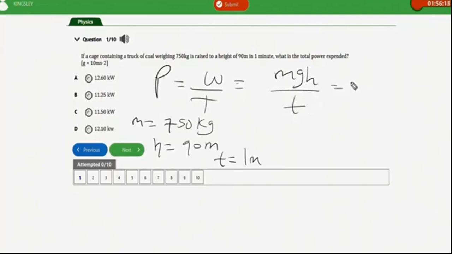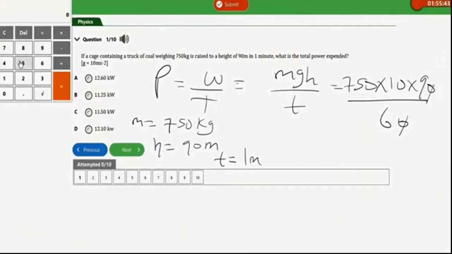When you plug in the values, you have 750 times g, which is 10, times our height, 90, over time. If you convert 1 minute to seconds, you have 1 times 60, which is 60. So this will cancel this. Let's punch this on the calculator to get our final result.